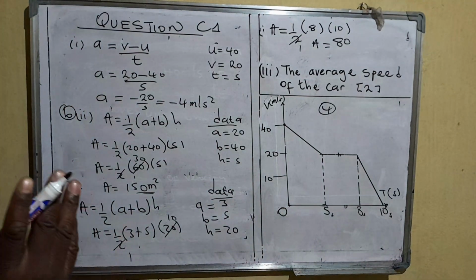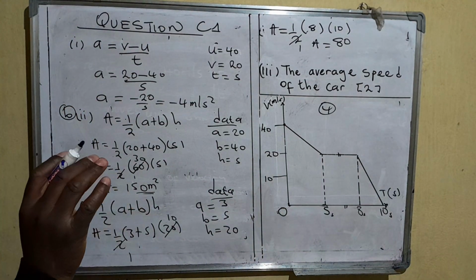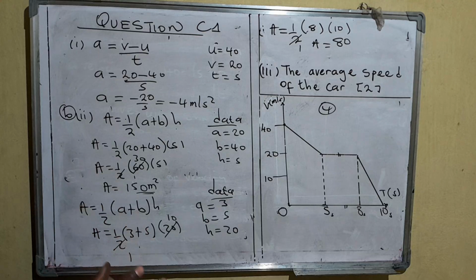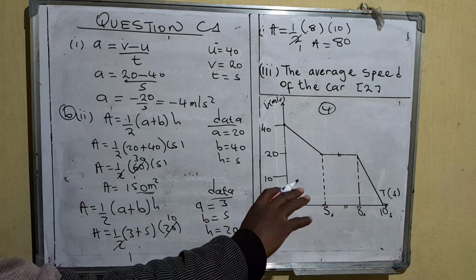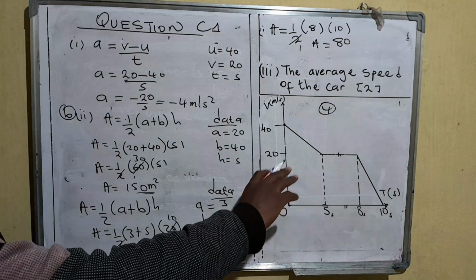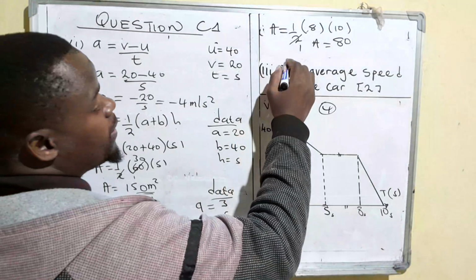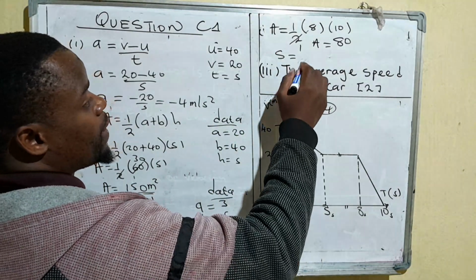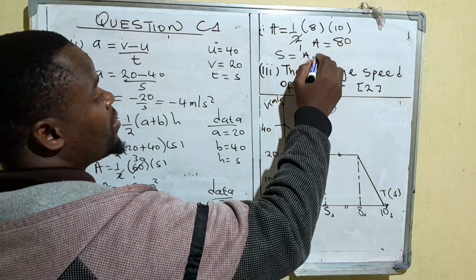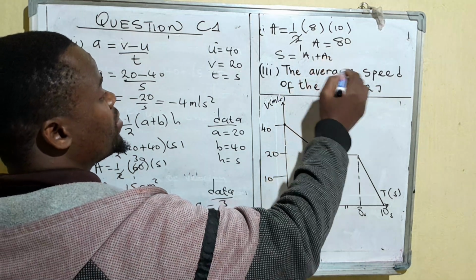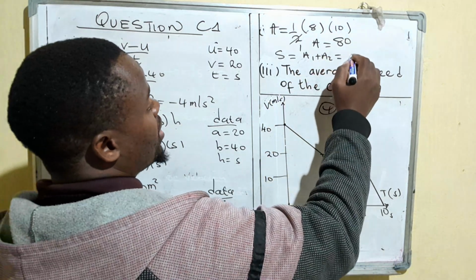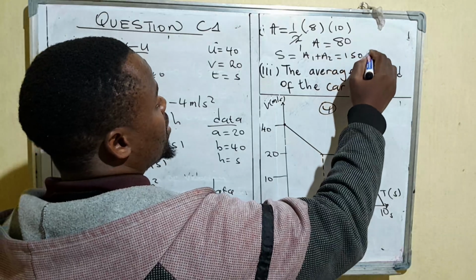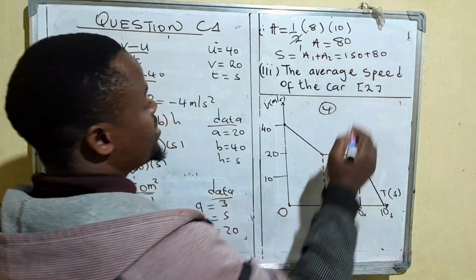80. So we have two areas. So the total distance is actually the total summation of the areas of the shapes that you're seeing under the graph. So distance, therefore, is equal to area 1 plus area 2. And this will be 150 plus 80, right?